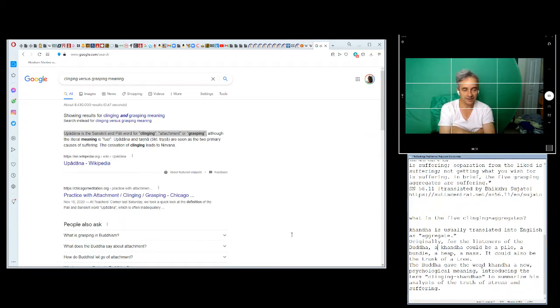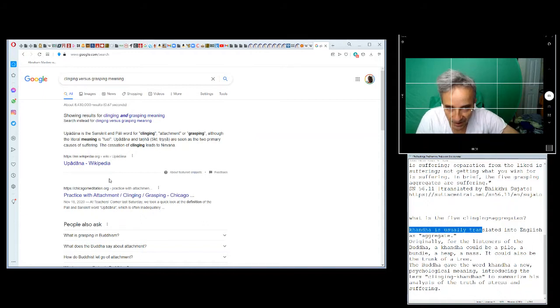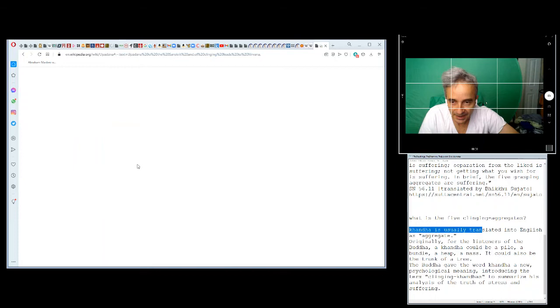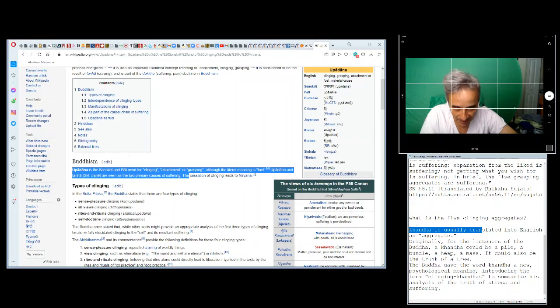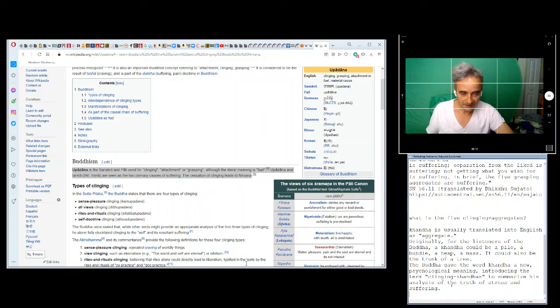We copy this. So this, which to use, clinging or grasping to describe the psychological concept of khanda, or aggregates, or heaps.